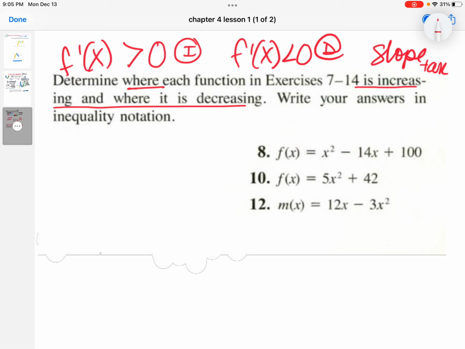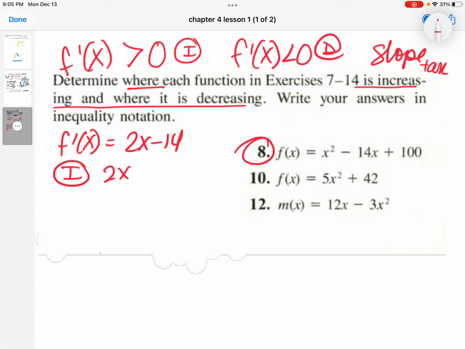This is similar to the examples I just did 2 examples ago. Let's do number 8. Number 8, derivative 2x minus 14. So if I want to find out where it's increasing, I'm going to set 2x minus 14 greater than 0 because I want to find out where it's positive, right? Numbers that are greater than 0 are positive.